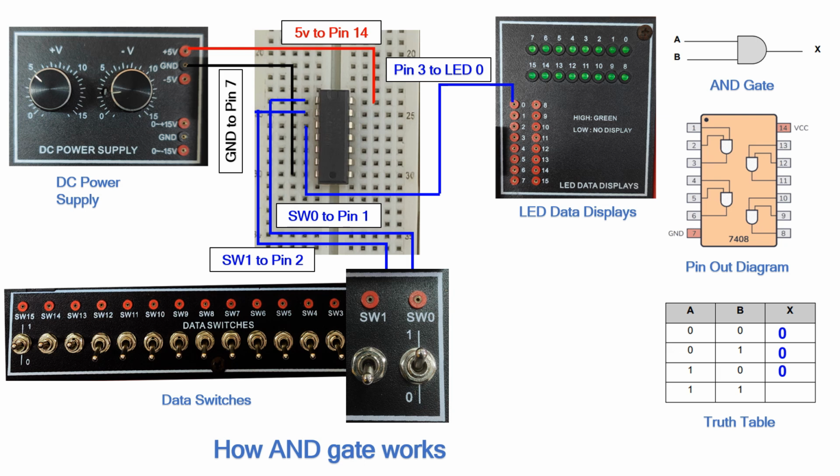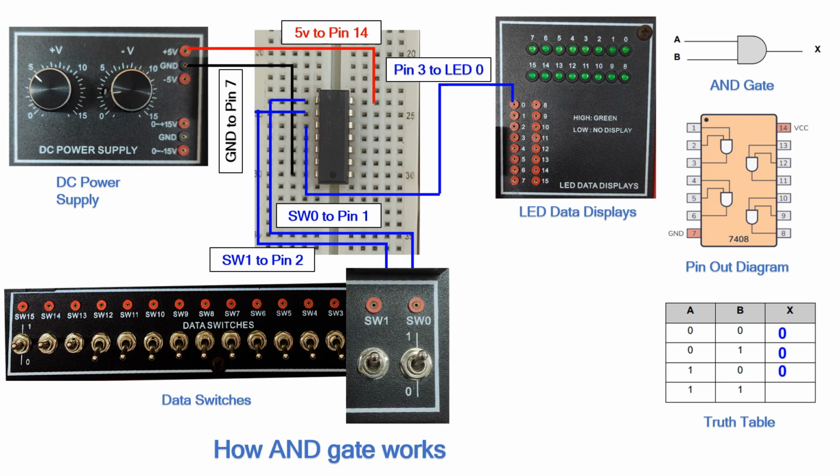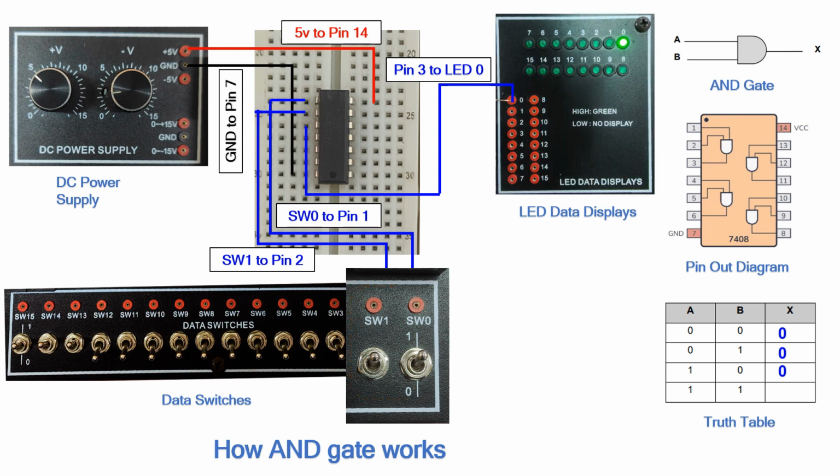Finally, in truth table row number 4, both inputs A and B are set to 1, which means we need to turn on both SW0 and SW1. Now the LED data display shows that LED pin 0 lights up. Then, record the result in the truth table: the output is 1.